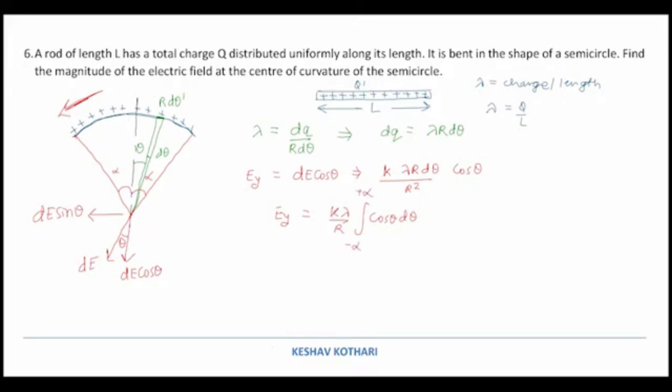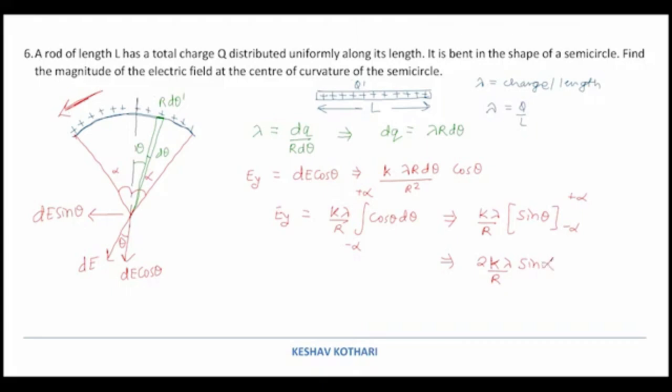So if we solve this, we get k lambda by r, and the integration of cos theta is sin theta, from minus alpha to plus alpha. So we get 2k lambda by r into sin alpha.